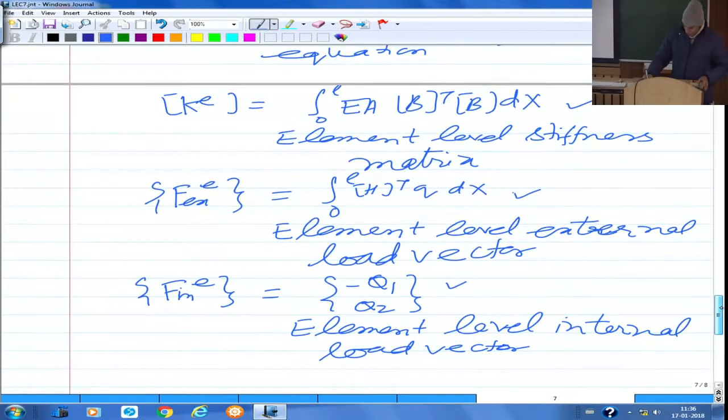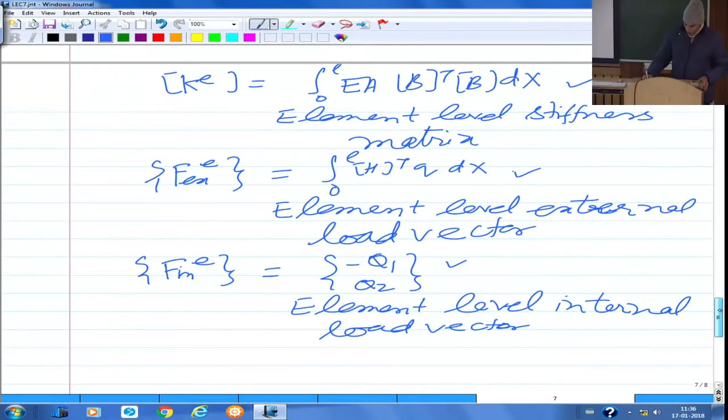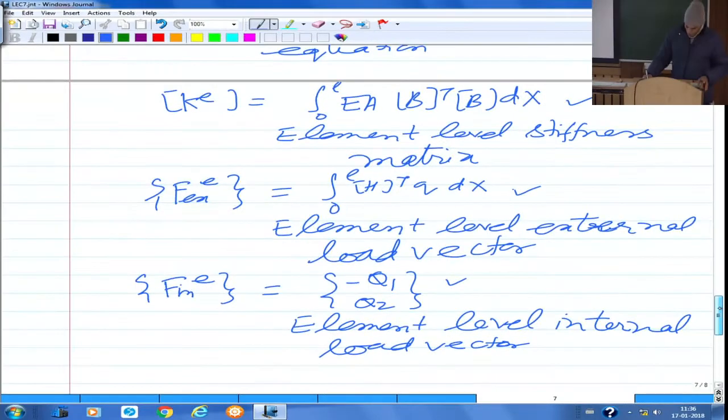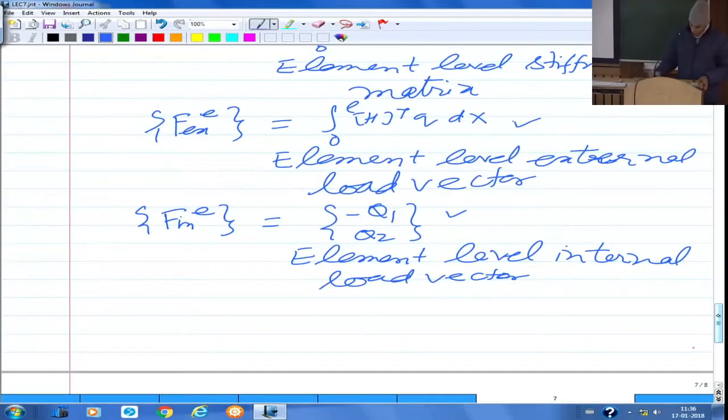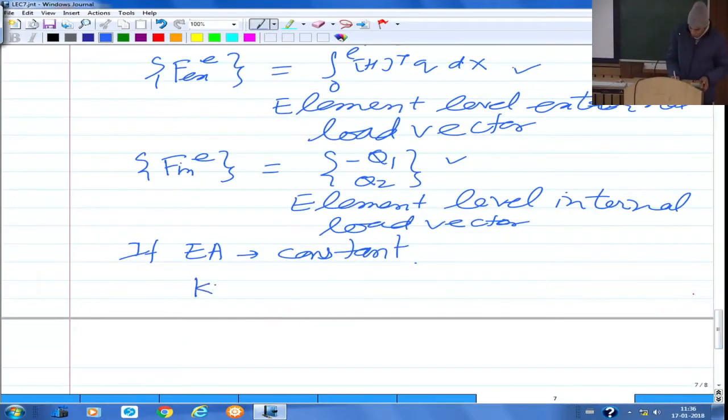So the next step is assembly. To solve a problem, let us evaluate this for a simplified case. Assuming that EA is constant, then K can be written as EA times the integration from 0 to l of B transpose B dx.